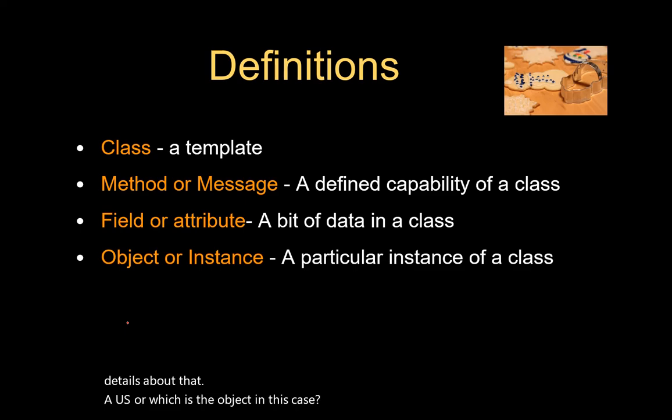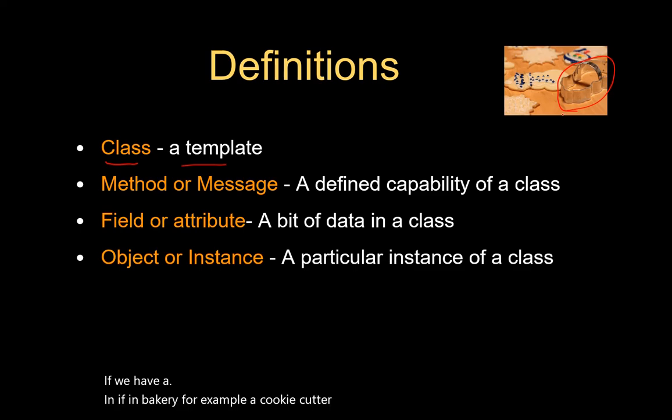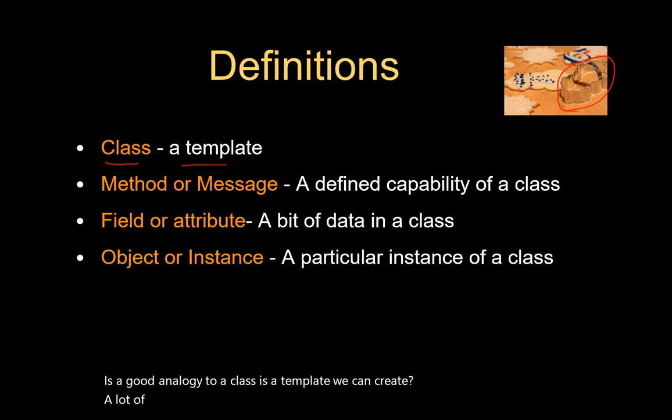So let's talk a little about the definitions. In object-oriented terminology, we have a class, which is a template. In a bakery, for example, a cookie cutter is a good analogy to a class; it is a template. We can create a lot of similar cookies from a cookie cutter.